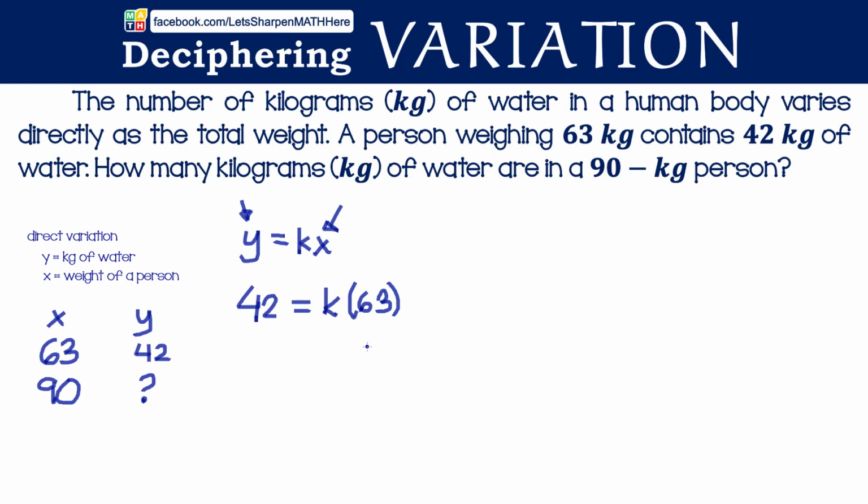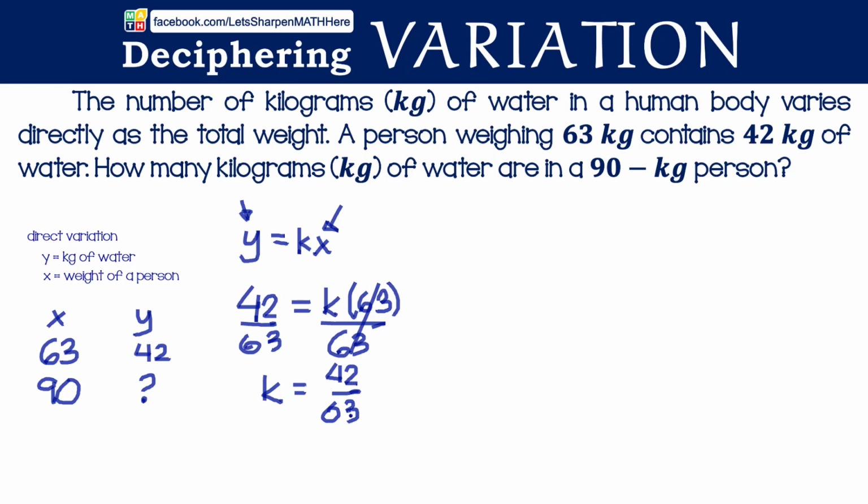We will use all the possible fundamental operations, including the properties of equality, in solving for k. So here, we'll be dividing both sides by 63 to cancel this out. You'll also be doing that here. So applying the symmetric property, k is equal to 42 over 63.